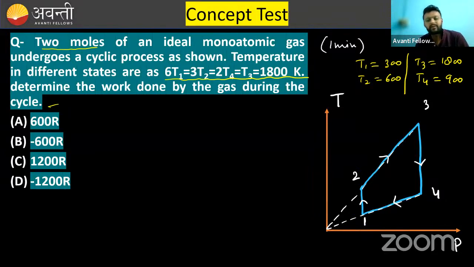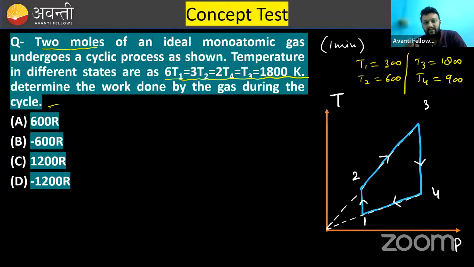We have to find the work done for the complete cyclic process. Now, one thing that may come to your mind is to calculate the area of the trapezium and we will get the work done. But listen to me, that was on the PV indicator diagram.